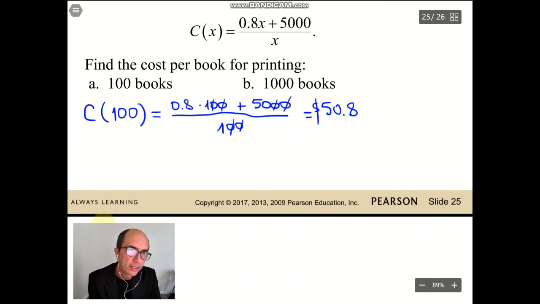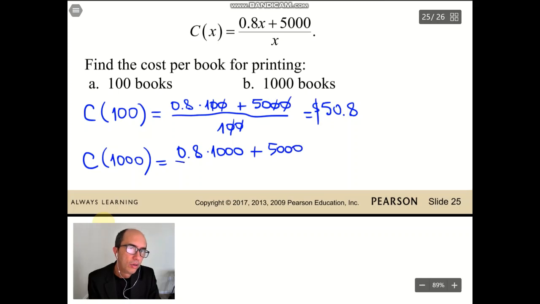Now let's check part C, the cost for 1,000 books. Same thing, 0.8 times 1,000 plus 5,000 over 1,000. And now I can simplify and check.